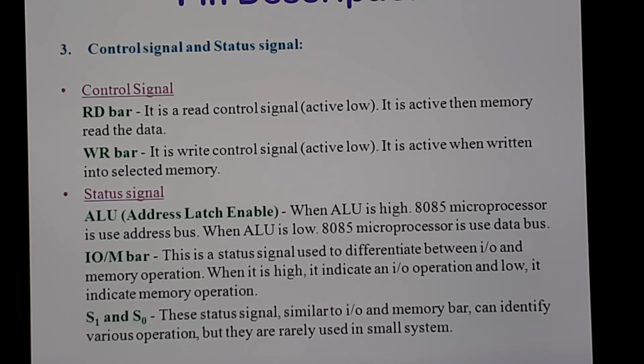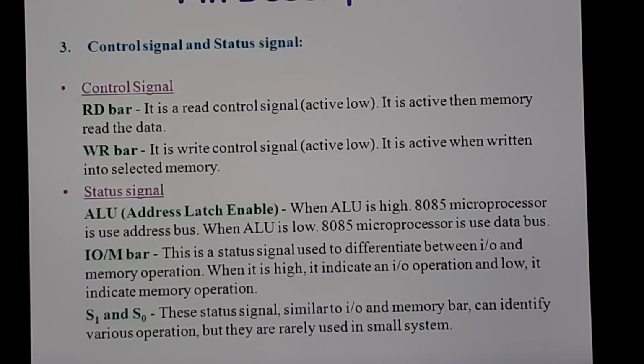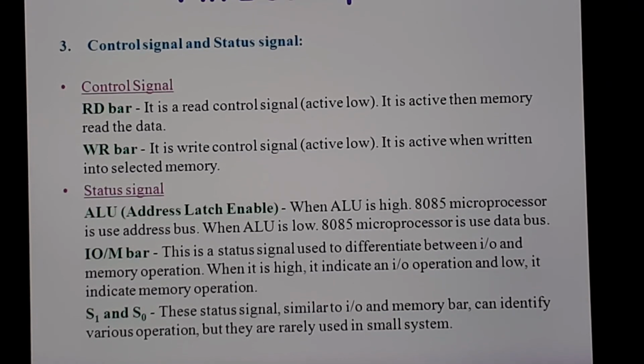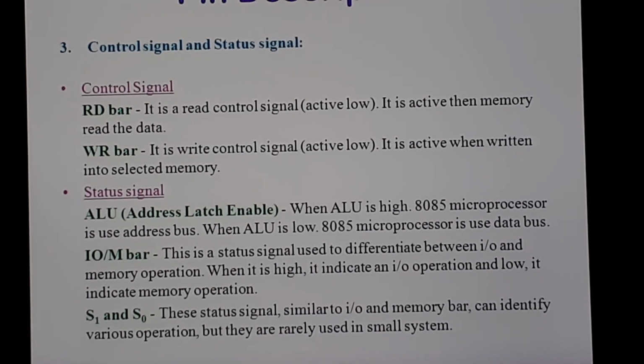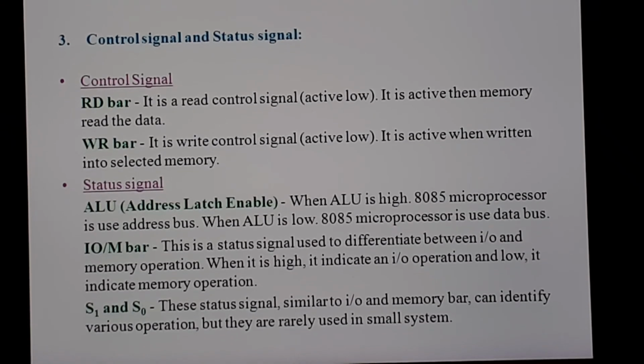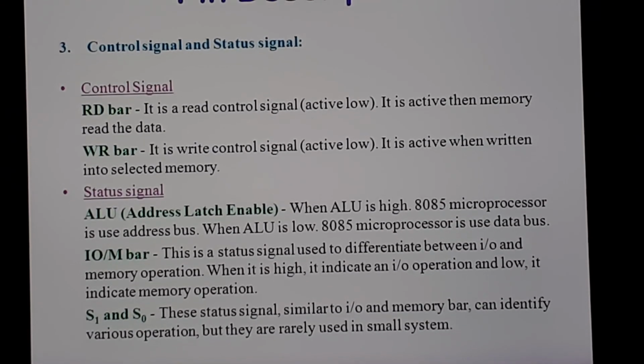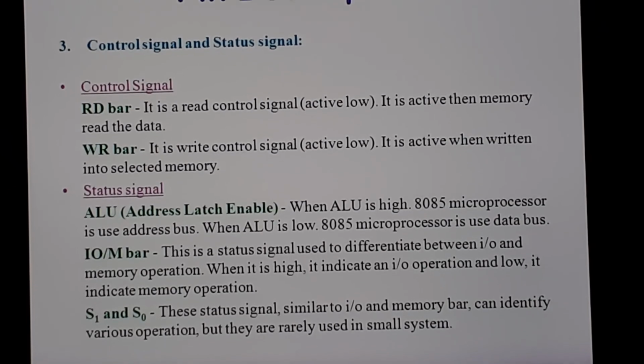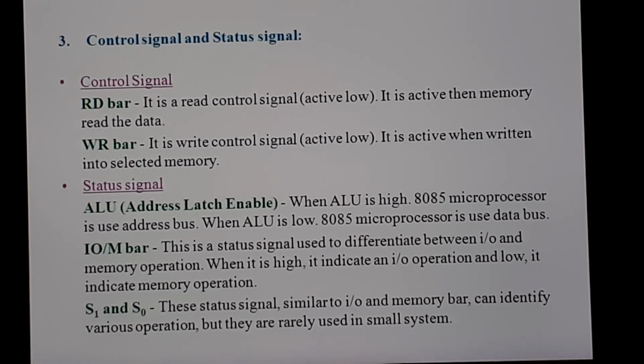When it goes high, the address on the address bus is referring to the IO device, and if it is low, it is referring to the memory device. Since there is a bar on M, when it goes low it will do the memory work, and if it goes high it will do the IO work, that is the input output device.